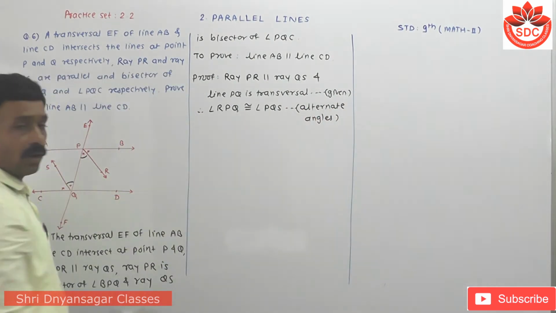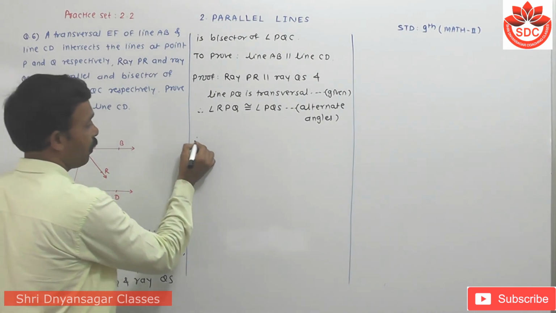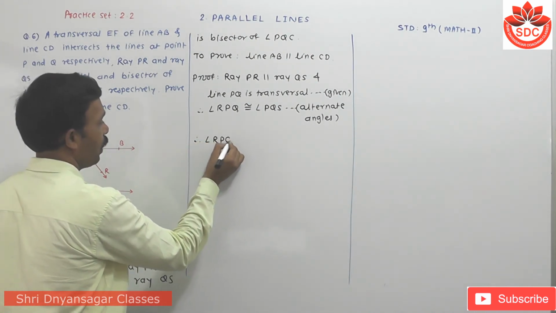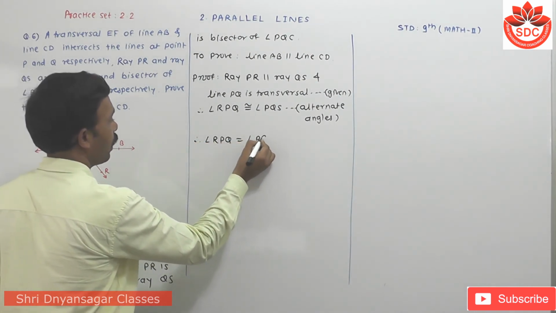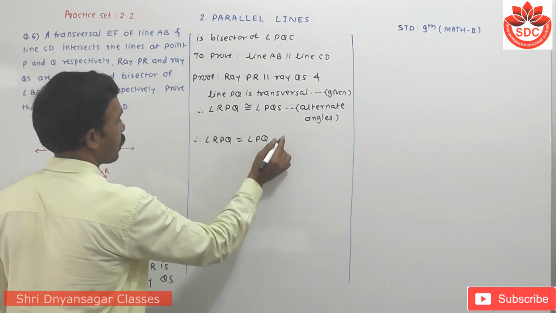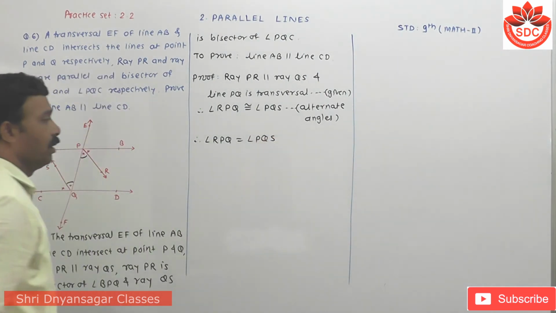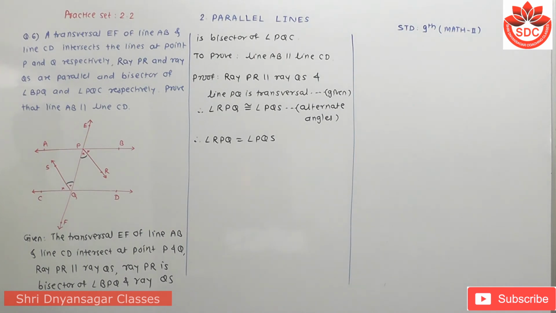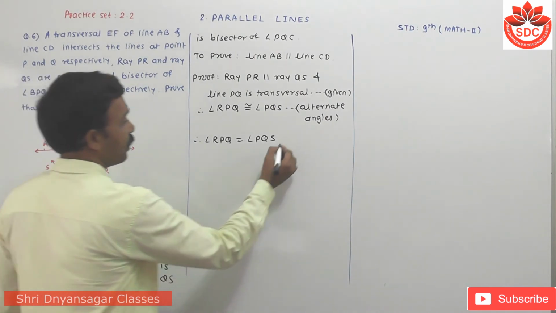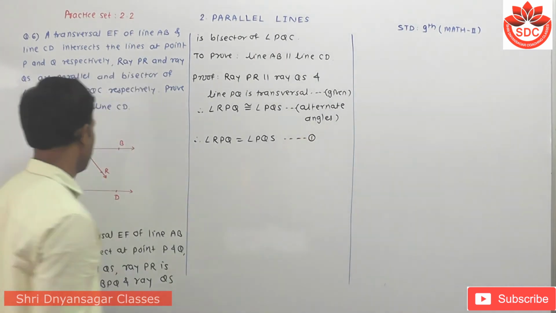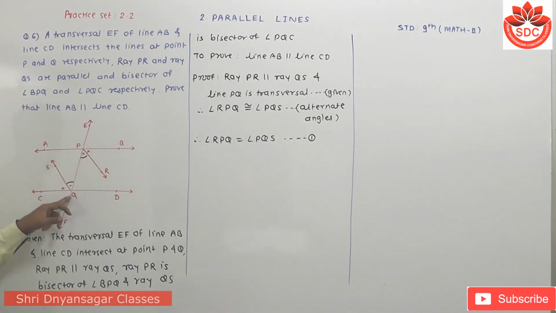If these two angles are congruent, means that they are equal. Therefore, angle RPQ is equal to angle PQS. Suppose that this is equation number first.